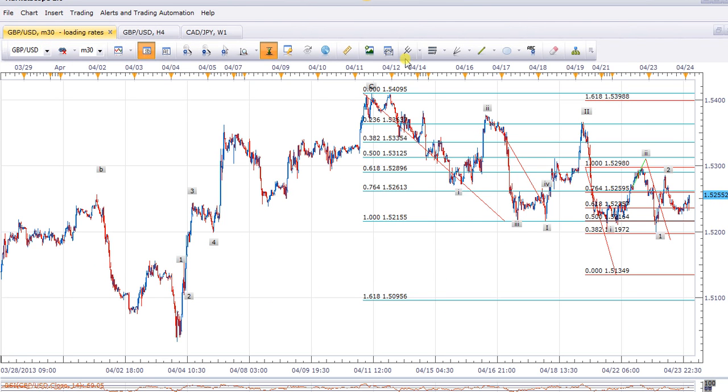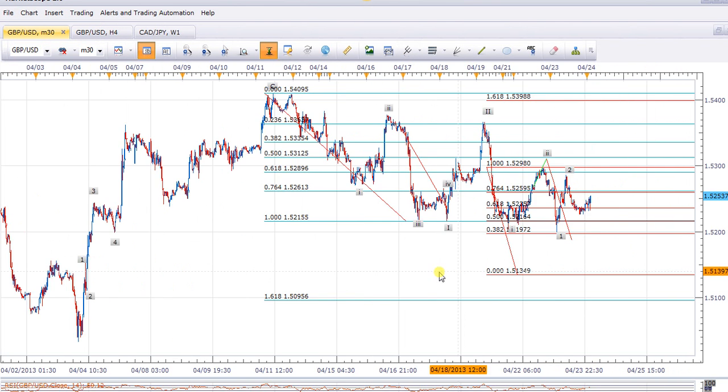Now on the 30-minute chart, we're seeing that last week we had it labeled as wave 1, 2, 3, then that short 4, and then that fifth wave, and then wave 2 retraced a bit, about 78%, 76% rather, and now we're working on that wave 3.